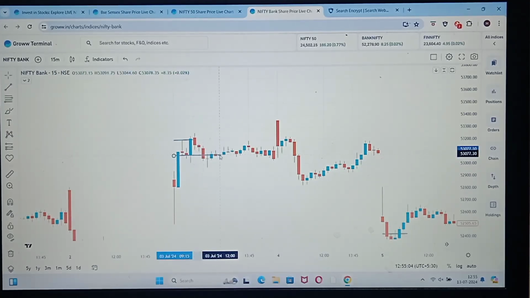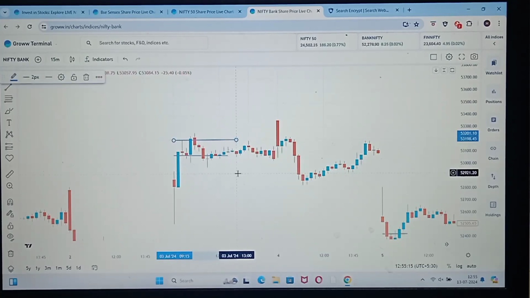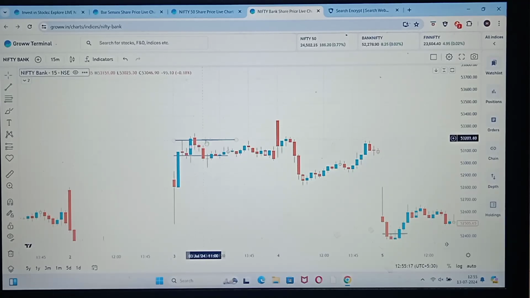And again you can see on 3rd of July most of the candles are consolidating in the same manner, like this it is going. So small trades you would have got around 10:30. You got a trade around 53,066 mark. You got around 20 points here.